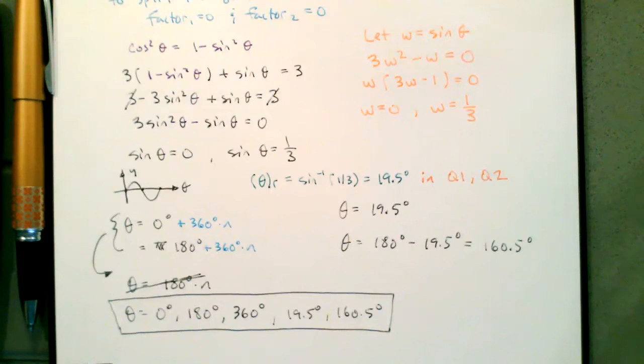We have to train our eyes to look for quadratic equations where it's not just ax squared plus bx plus c equals 0. We have to find a times sine squared theta plus b times sine theta plus c equals 0. Any questions?